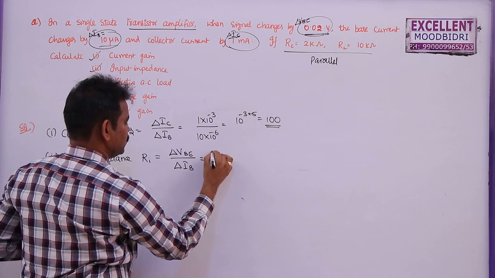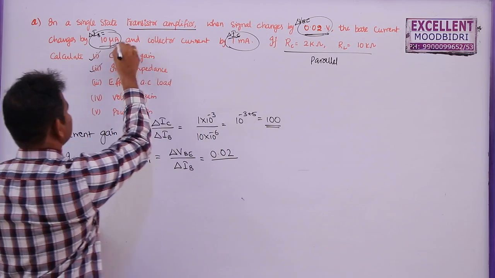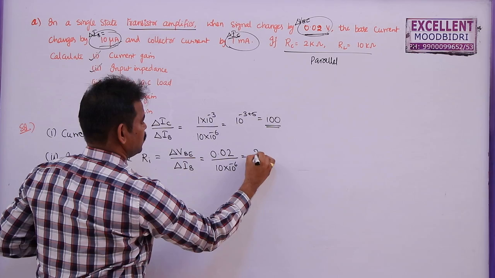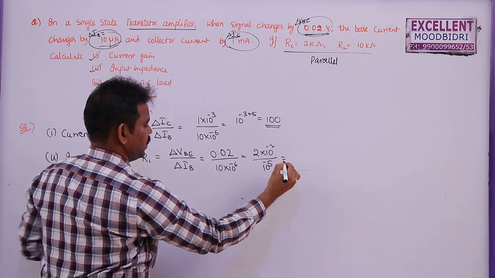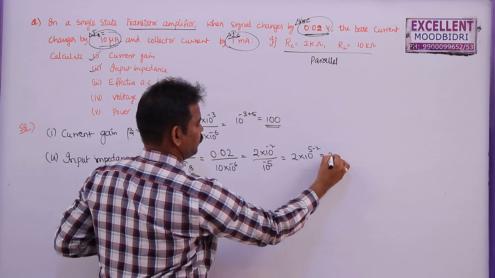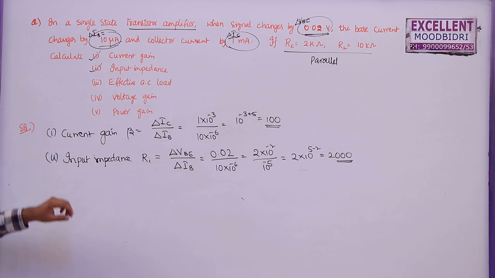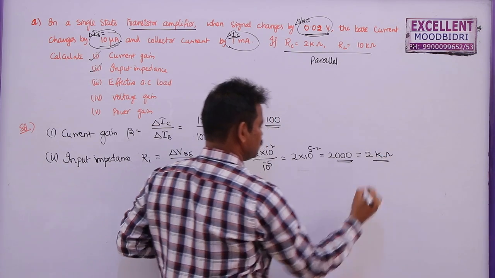So I am going to write this as 0.02 by base current changes by 10 microamperes. So 10 into 10 power minus 6. This is 2 into 10 power minus 2 by 10 power minus 5. This is 2 into 10 power 3. This is 2000. This is the input impedance. So this is nothing but 2000 ohms or 2 kilo ohms.